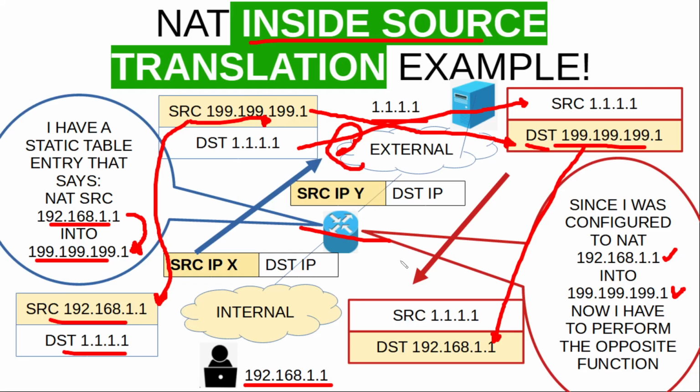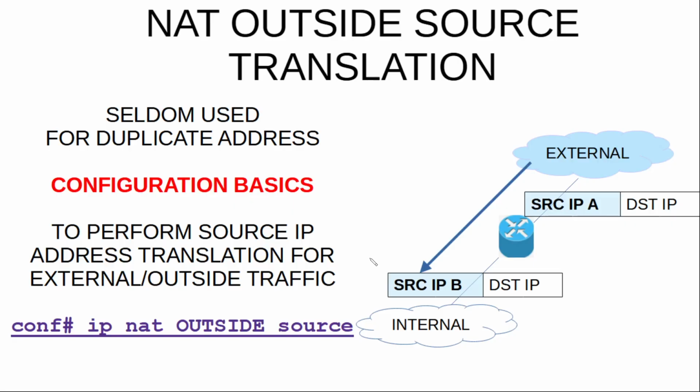It will perform these two operations symmetrically. In the outgoing direction, it is going to change the source IP address, and in the incoming direction, it is going to change the destination IP address.